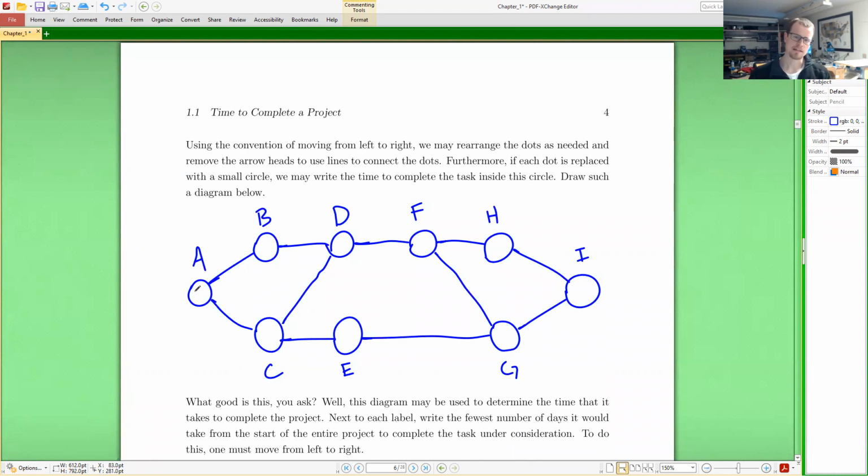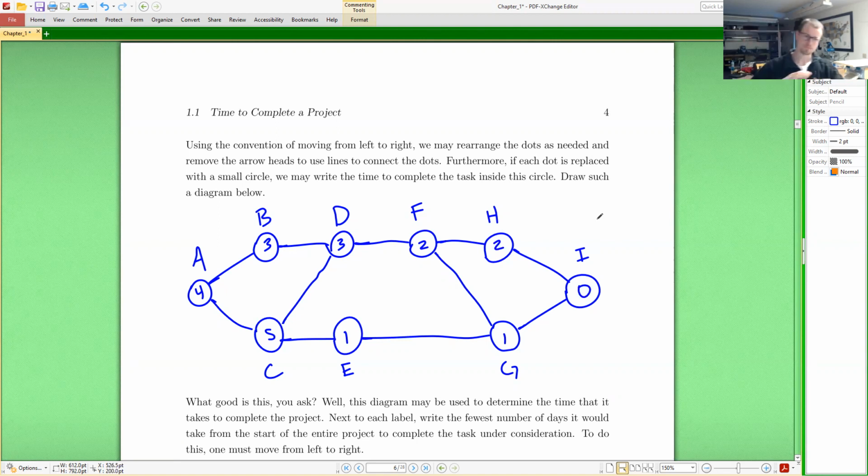A is 4, B is 3, C is 5, D is 3, E is 1, F is 2, G is 1, H is 2, and it doesn't take any time at all to bill the customer. So that gives me my times.